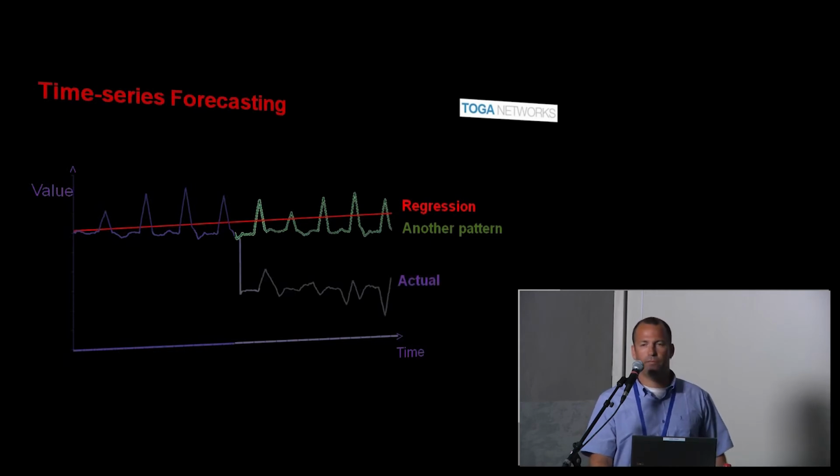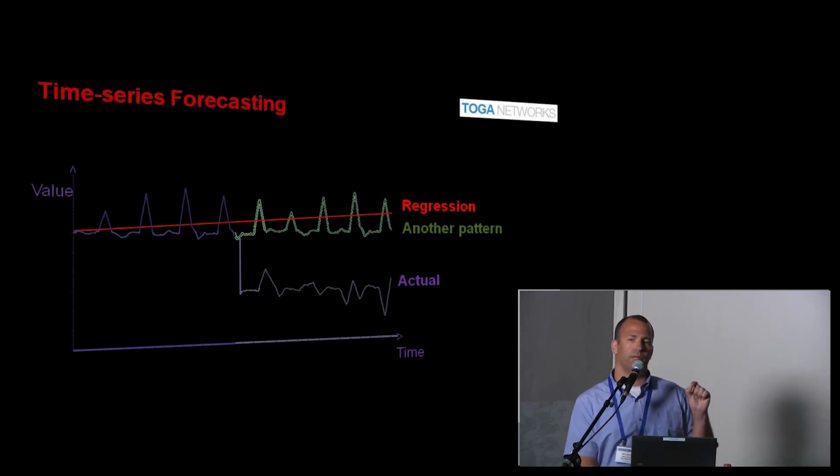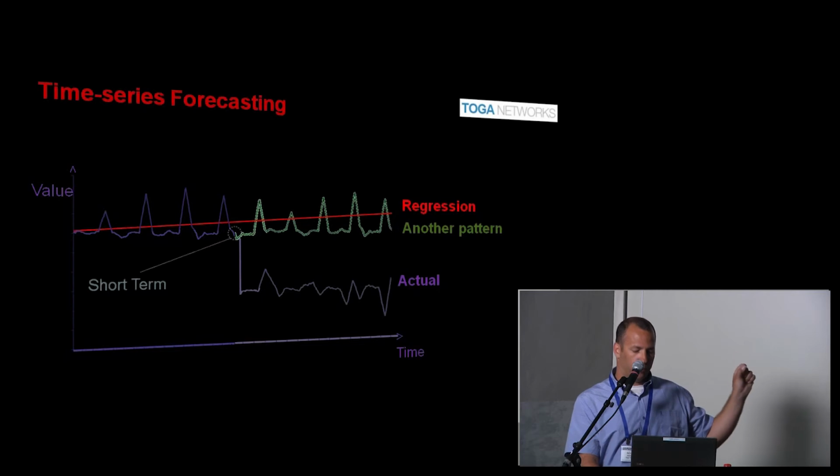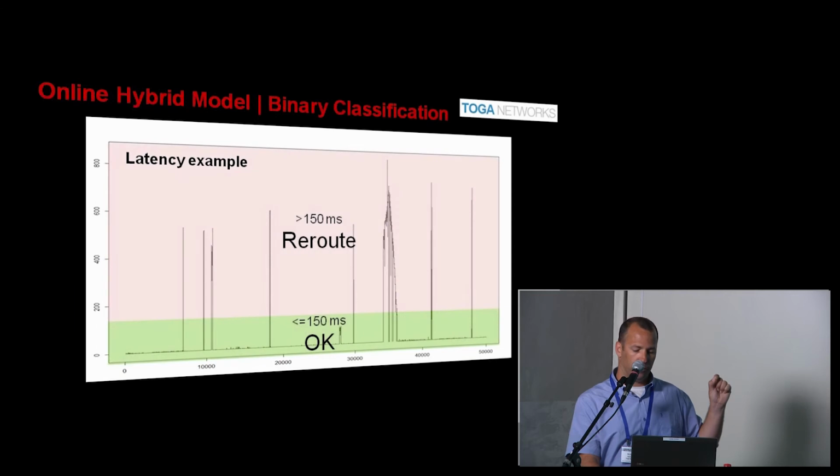And then we have the actual value that surprises us sometimes, and we want to catch it. Another thing is that we don't only want to predict the data very accurately in terms of the distance from the value itself. We want to make classification. So we use short-term prediction, long-term prediction, and also classification.